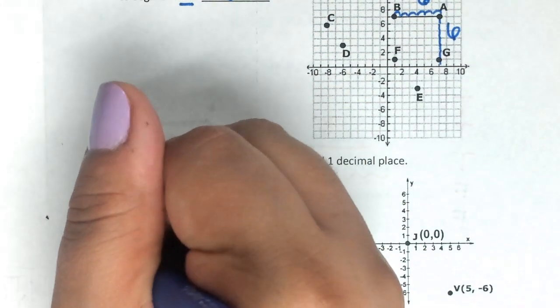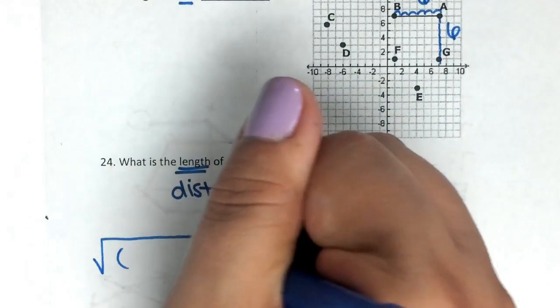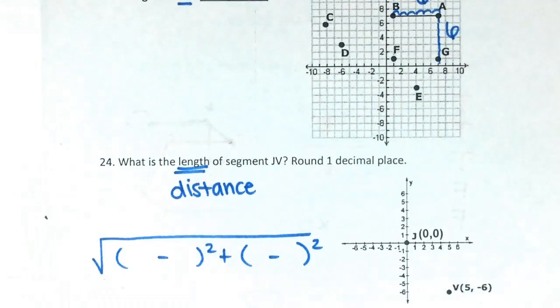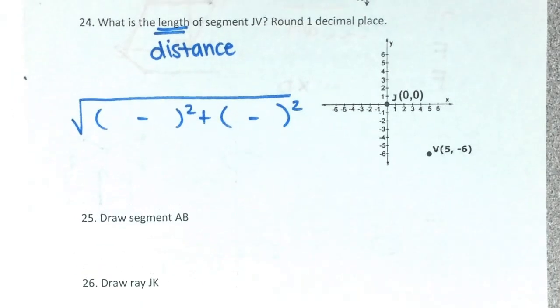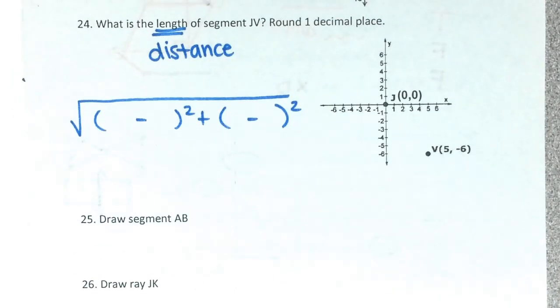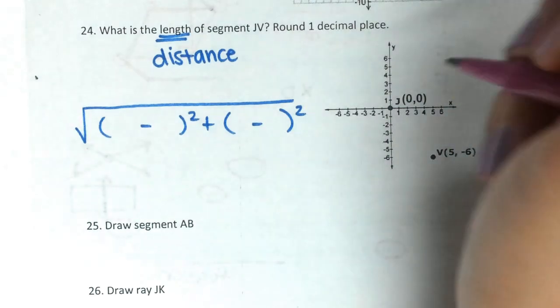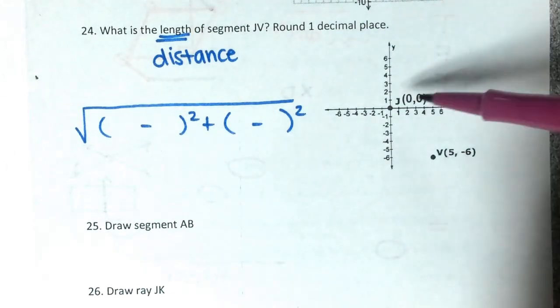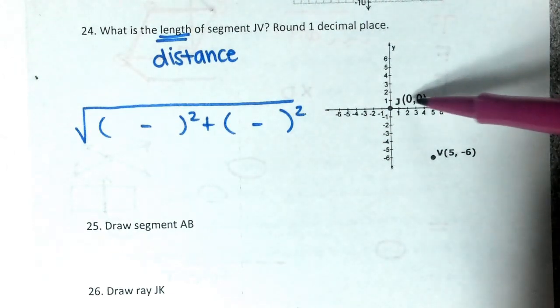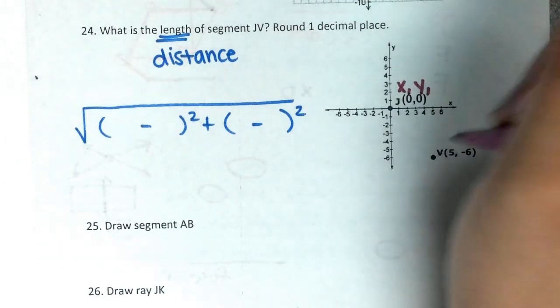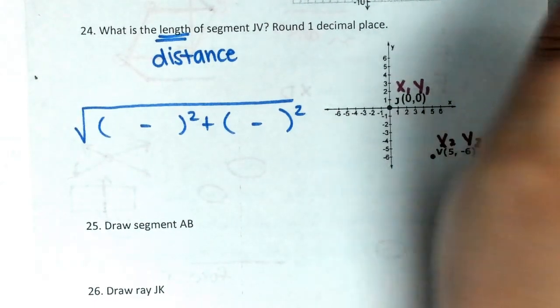For this problem, you're doing the distance formula. So you need to choose which one's going to be x1 and y1. Did y'all choose 0 as x1 and y1? x1, y1, x2, y2.